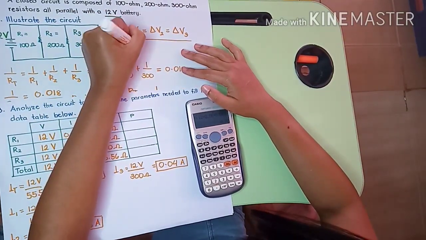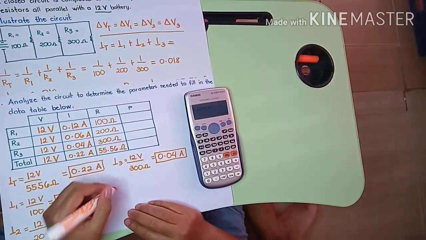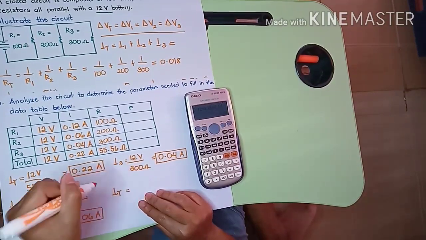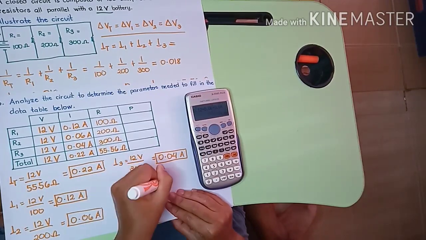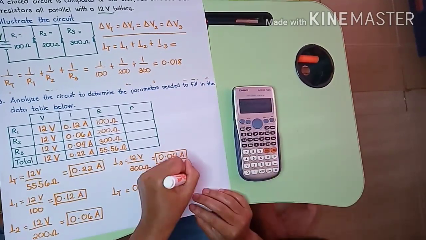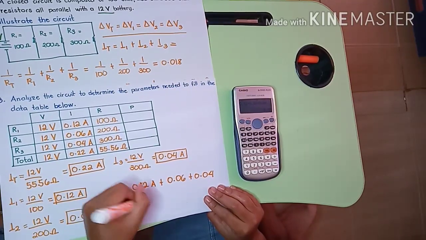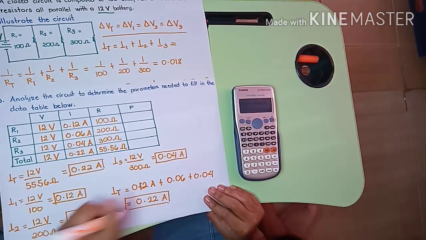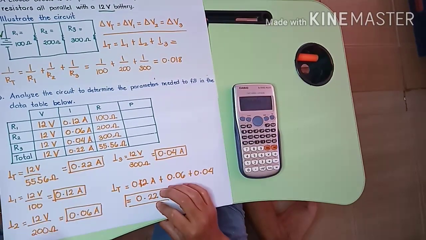The formula is that total current is equal to current 1 plus current 2 plus current 3. So the total current is equal to 0.12 amps plus 0.06 amps plus 0.04 amps, which is 0.22 amps. So we arrived at the correct answer.